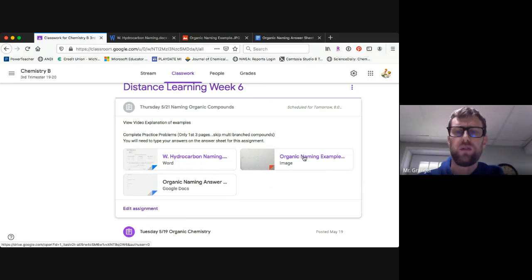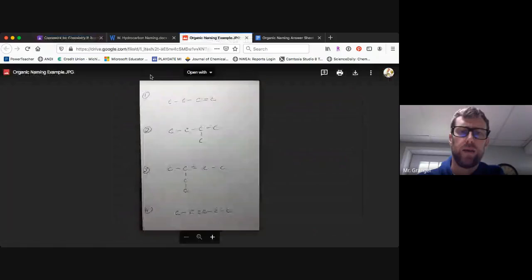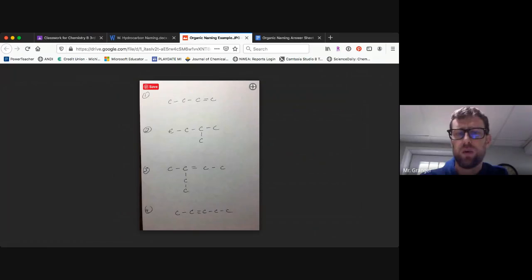What I'd like to do with you next, though, is go over some of these organic naming examples. We're going to take a look at these 4 examples, at some branched structures and naming some alkenes as well.